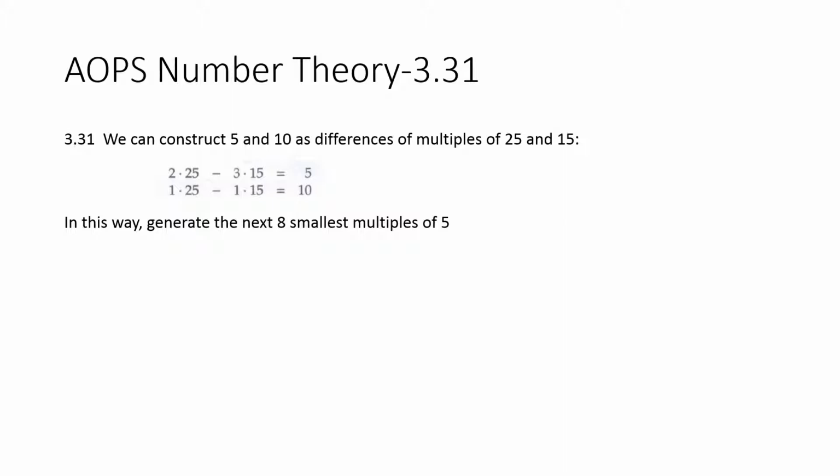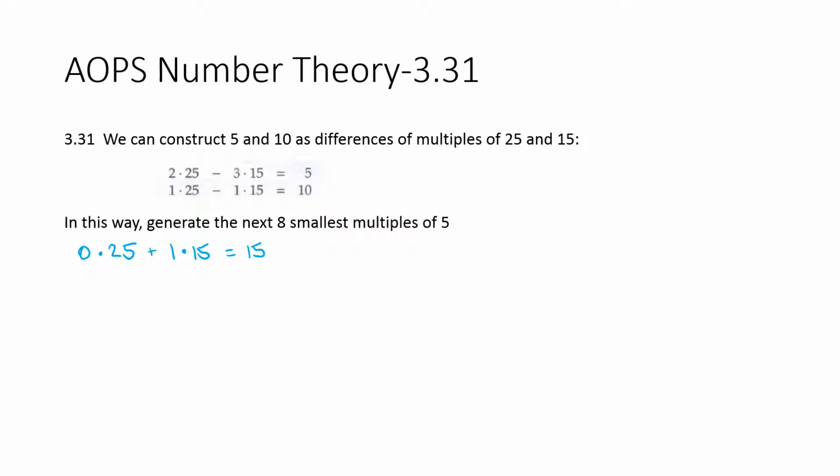AOPS number theory 3.31. We can construct 5 and 10 as differences of multiples of 25 and 15. In this way, generate the next 8 smallest multiples of 5. So after this, it would be 0 times 25 plus 1 times 15 is equal to 15.